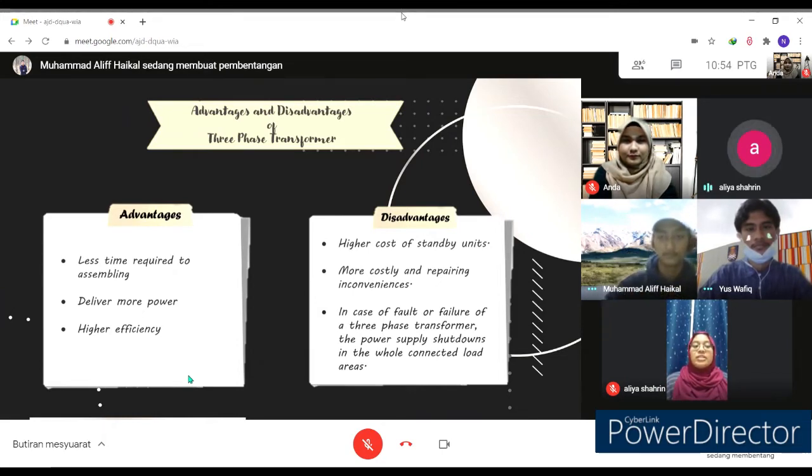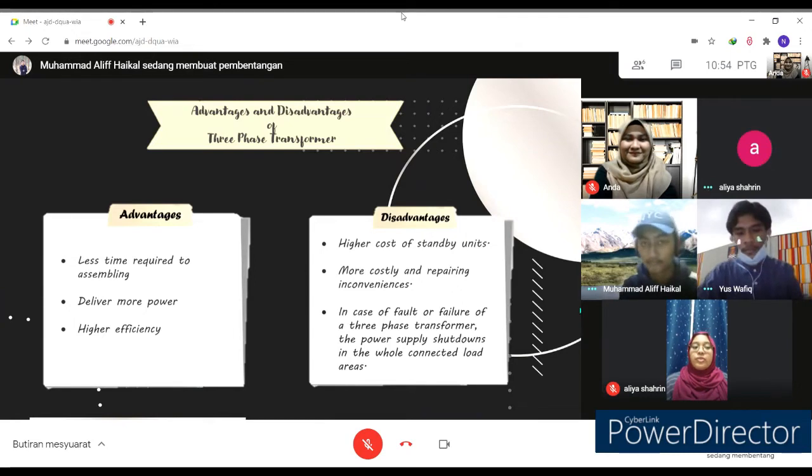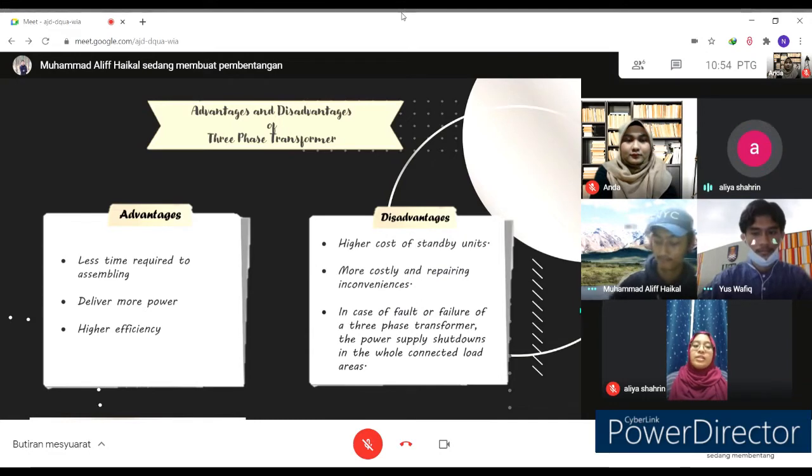The disadvantages are that it can be very costly, with a little bit expensive standby units, and repairing can be a little bit more expensive because of repairing inconveniences. In case of fault or failure of the three-phase transformer, the power supply shuts down in the whole connected load area.